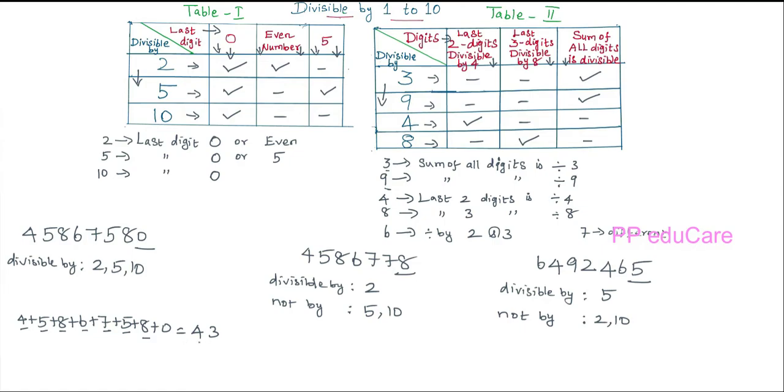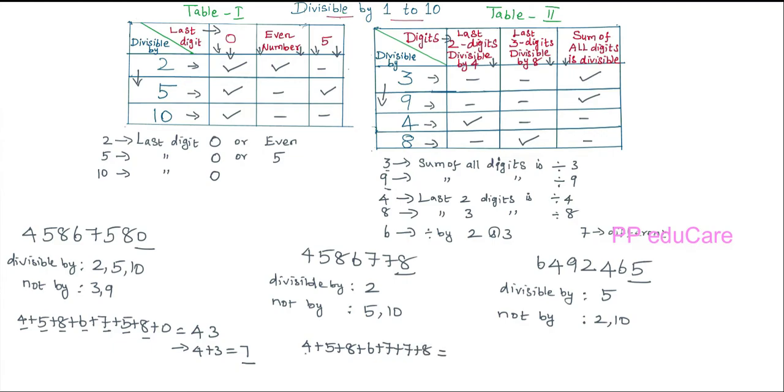If you find it difficult, then again do the same process. 4 plus 3 equals 7. Since this 7 is not divisible by 3 and 9, the first number is not divisible by 3 and 9. Now find the sum of the digits of the second number. 4 plus 5 plus 8 plus 6 plus 7 plus 7 plus 8.